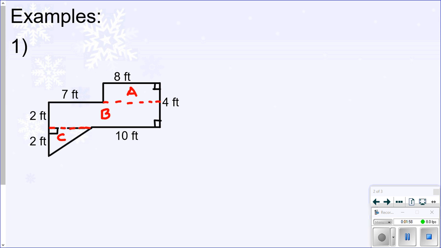Let's tackle A first. Shape A is a rectangle. This side is 8. Remember the area of a rectangle is just base times height, or length times width. We have to do a little work to figure out how long this other side is. A lot of times my students will put 4, but 4 is this whole thing.